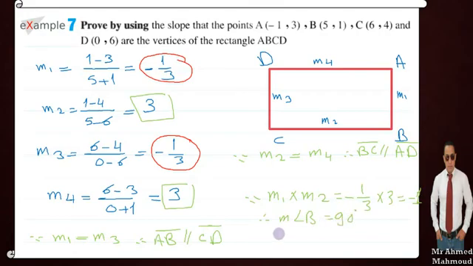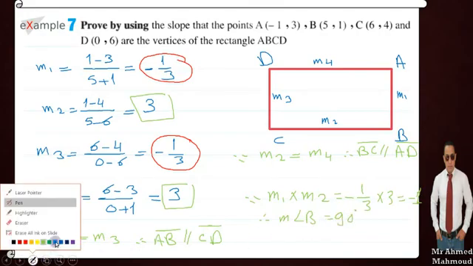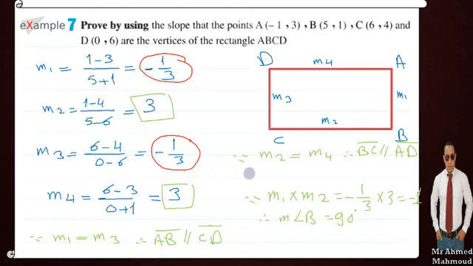From all the previous, we get that ABCD is a rectangle. Okay, the next example.